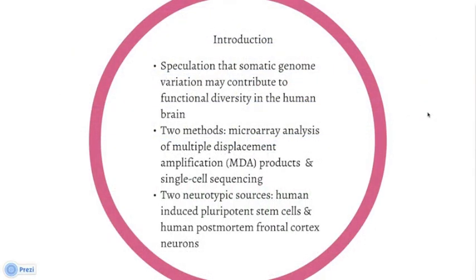Neuronal genomes exhibit elevated levels of aneuploidy and retrotransposition relative to other cell types. This finding inspired McConnell's research. The research in mosaic DNA copy number variation started with the speculation that somatic genome variation may contribute to functional diversity in the human brain. 2 methods have been developed to map large-scale CNVs in single cells: microarray analysis of multiple displacement amplification (MDA) products, and single-cell sequencing.